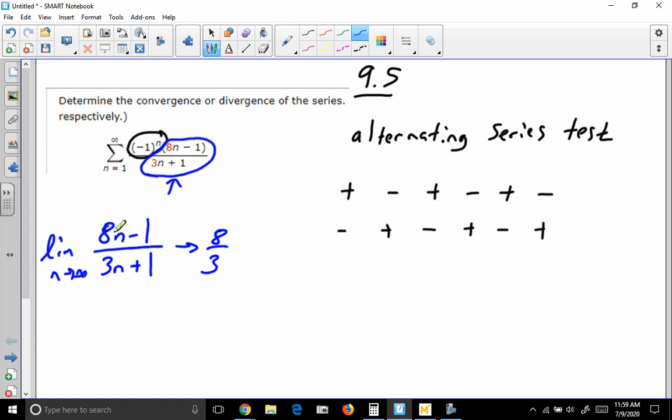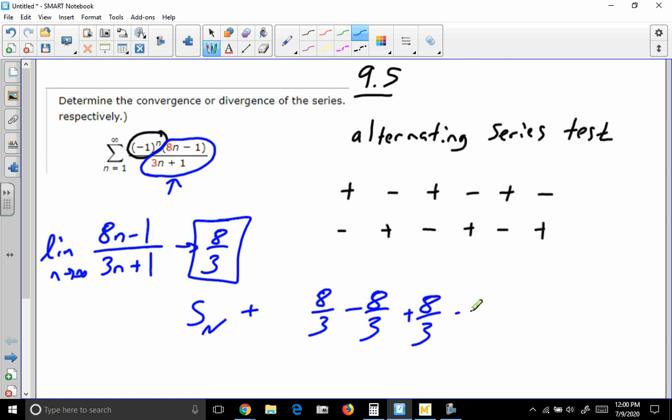By direct substitution, it's indeterminate, but if we use L'Hopital's rule or any other technique, then this limit goes to 8/3, which means eventually, as n is really large, we're essentially going to have the other pieces of our sequence, let's say s sub n, and then we're going to be adding 8/3 and subtracting 8/3, and then we're going to add 8/3 and subtract 8/3, and it's not going to be exactly 8/3, but it's going to be really close to it as n is infinitely large.